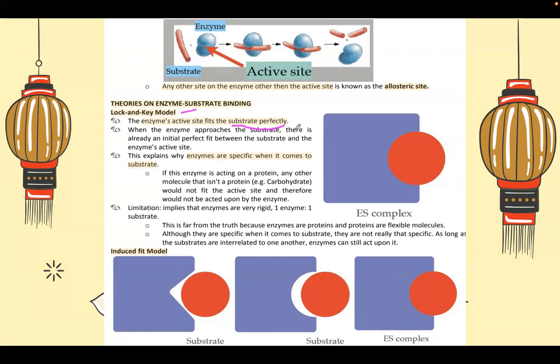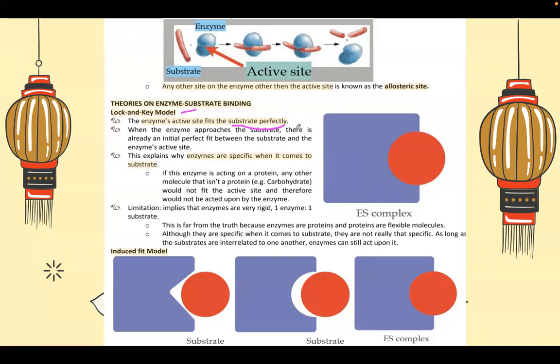Okay, meron po silang specificity. Specific lang si particular enzyme to particular substrate. If this enzyme is acting on a protein, any other molecule that isn't a protein, example yung mga carbohydrates natin, would not fit to the active site and therefore would not be acted upon by the enzyme. So, ang limitation natin dyan, it implies that enzymes are very rigid. One enzyme is equal to one substrate.